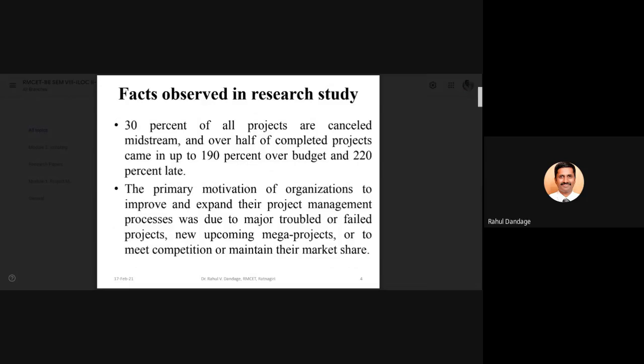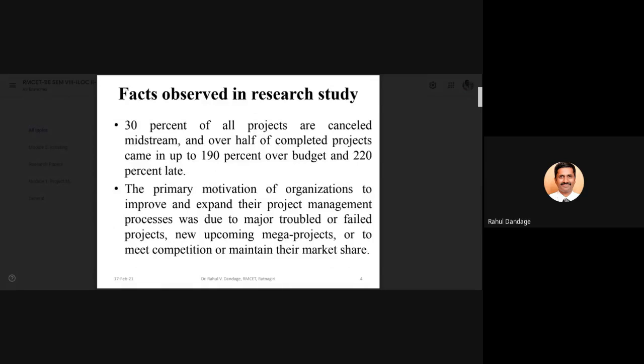they are executed, and after 40 to 50% of the completion, the organization becomes aware of the situation, and because of some reasons the organizations are not continuing with the projects, even after they have been 40 to 50% completed.